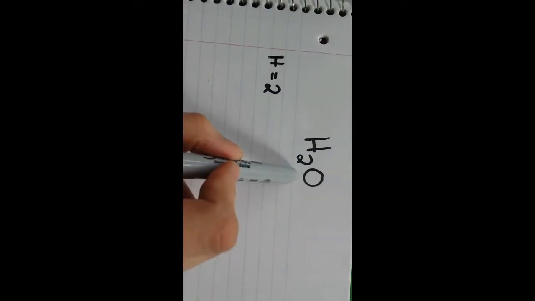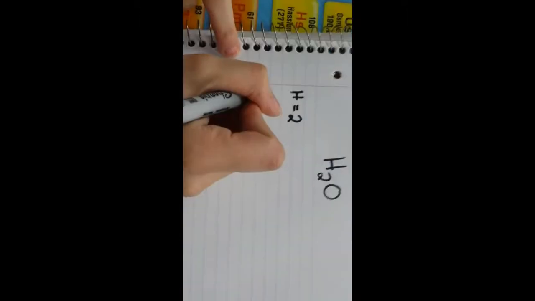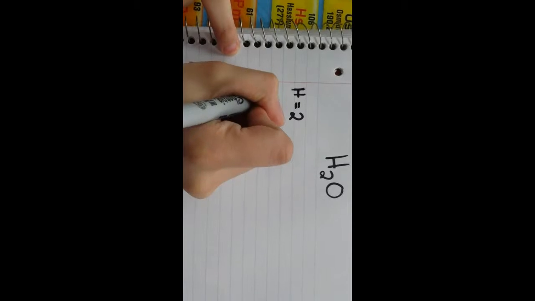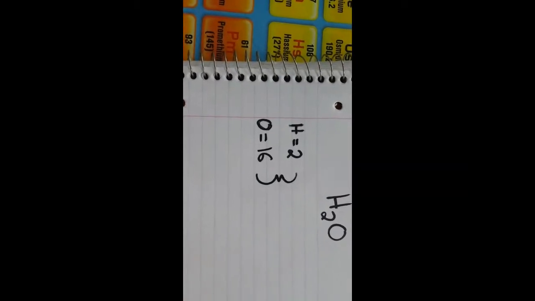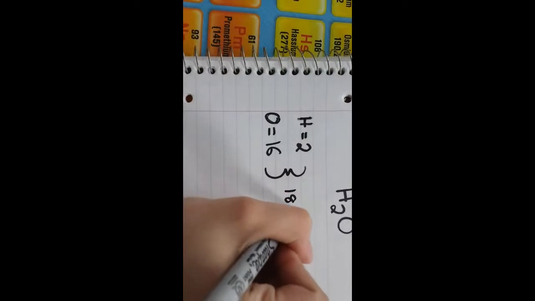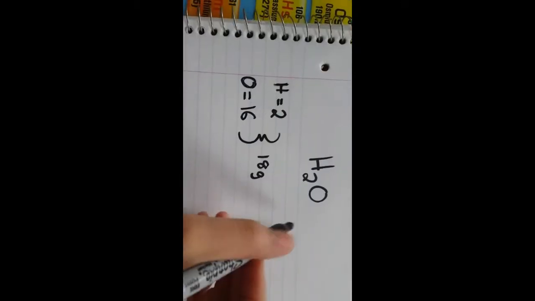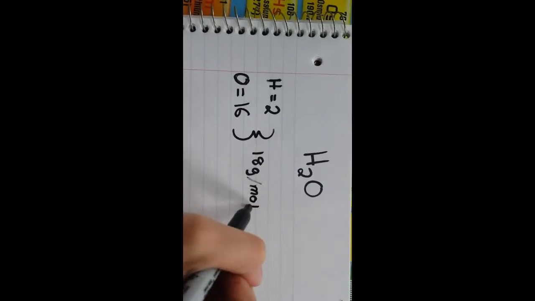Now let's look at oxygen, which has an atomic mass of 16. Now you add the masses. So here you have it. The molar mass for H2O is 18 grams per mole.